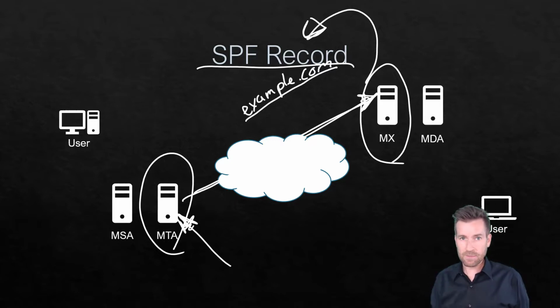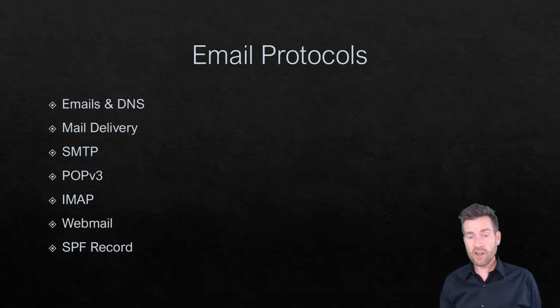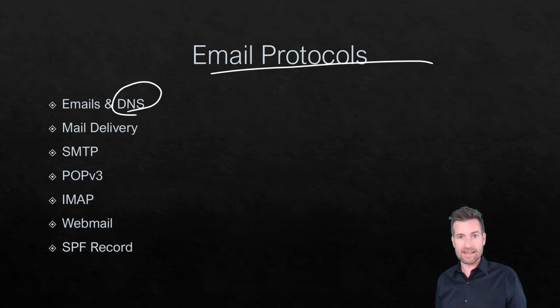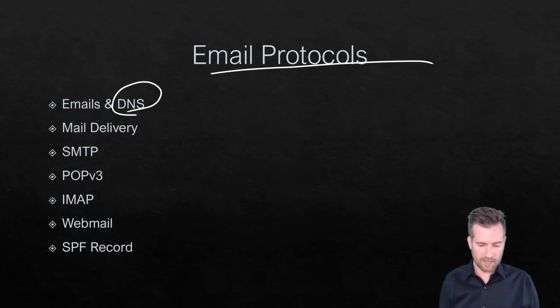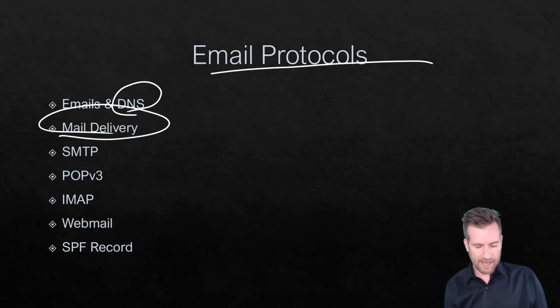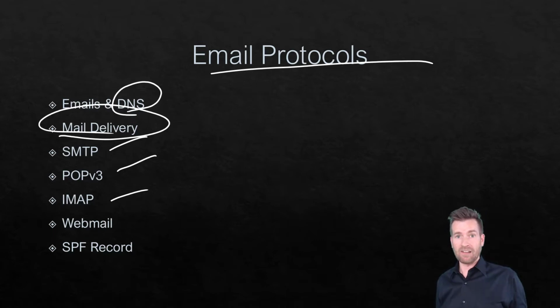Essentially, once again, an SPF record is a check to see whatever server is sending the mail, is it the server that should be sending the mail, is it representing that domain? So there you have it, some email protocols. We talked about DNS and its role and how it plays in sending mail from one location to the next. We talked about mail delivery. We looked at it from a high level, and then we looked at SMTP, POP version 3, and IMAP as protocols of sending or pulling down email.